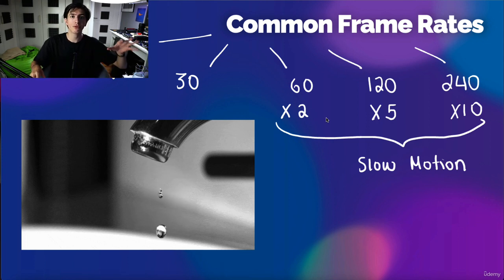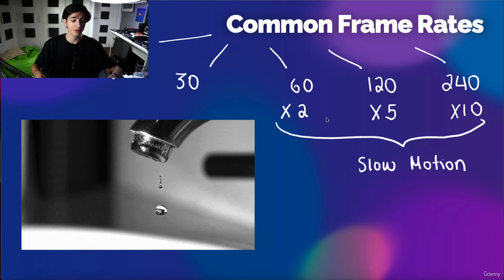So if we shoot a video at 60 frames per second, we can actually apply a slow motion effect. We can slow it down by 2 times. Respectively, if we have a video shot at 120 frames per second, we can slow it down 5 times. And if we have a video shot at 240 frames per second, we can slow it down up to 10 times. So this is pretty much how the slow motion effect is applied in modern videography.